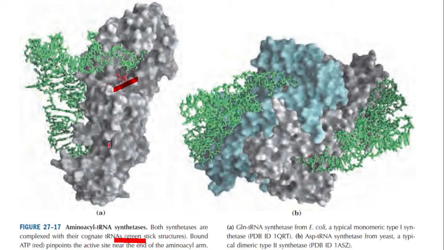The same picture, glutamine tRNA. This is actually a photograph taken by means of scanning the molecule, and the color is given using a computer.